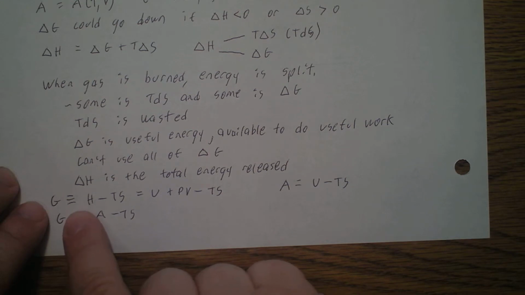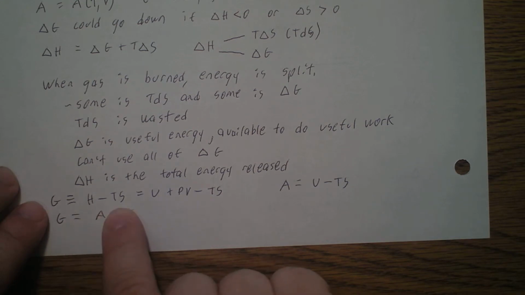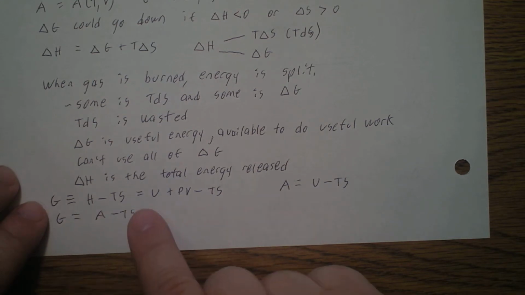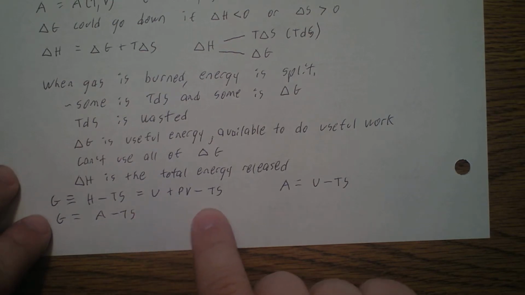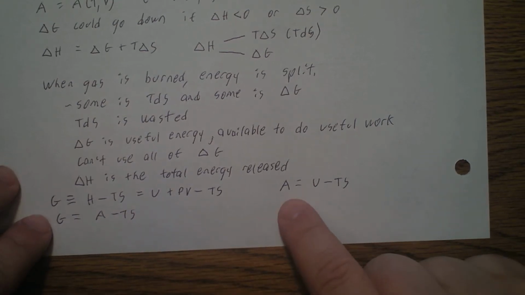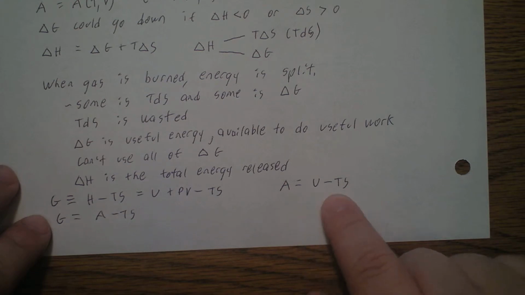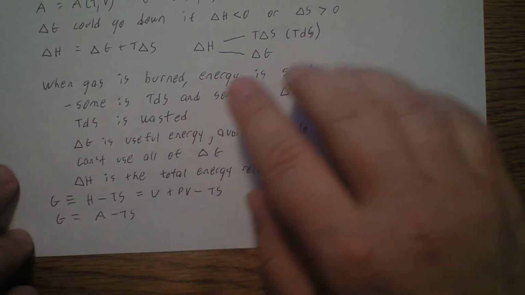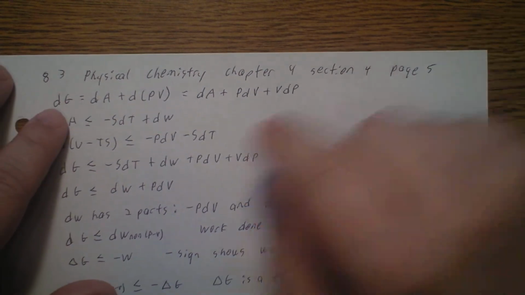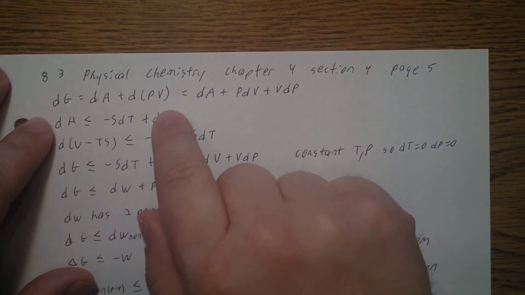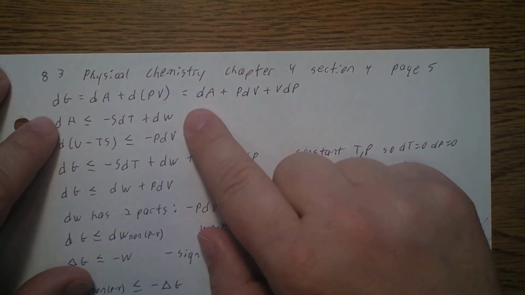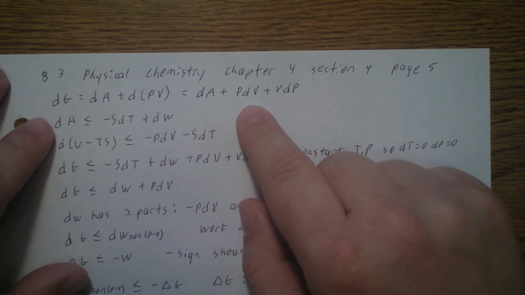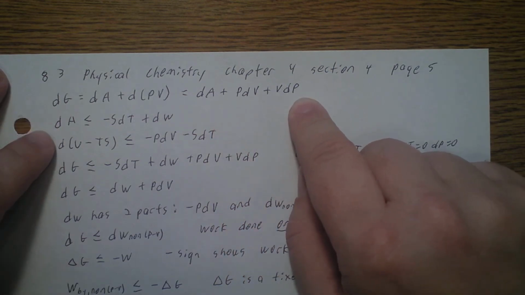Now remember, we said the Gibbs free energy is defined as enthalpy minus temperature times entropy, which is equal to U plus PV minus TS. And remember we said the Helmholtz energy is equal to U minus TS, and G therefore is equal to A plus PV. So we have dG is equal to dA plus d(PV), or dA plus PdV plus VdP.